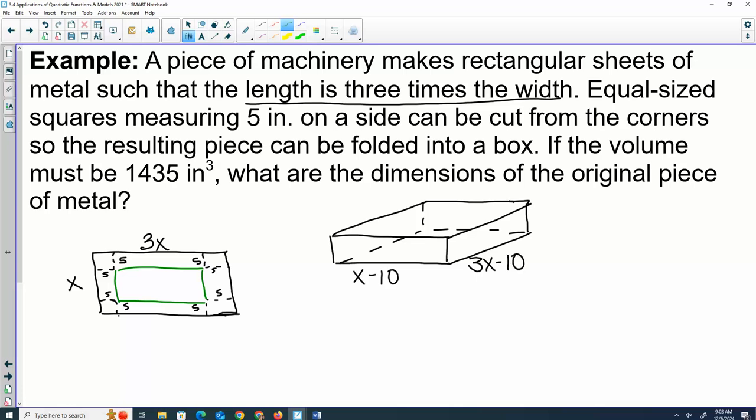When I fold my box, the height of my box is the side of that square. So how tall is my box? Can everybody visualize what happened here and how I got those new dimensions?